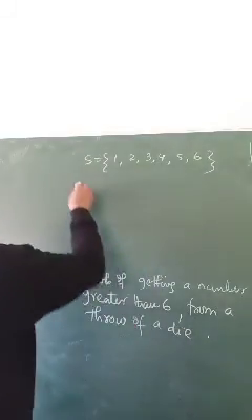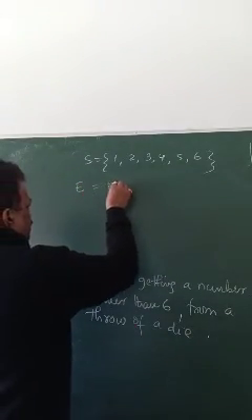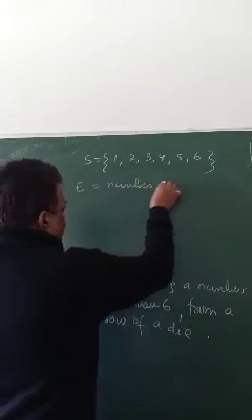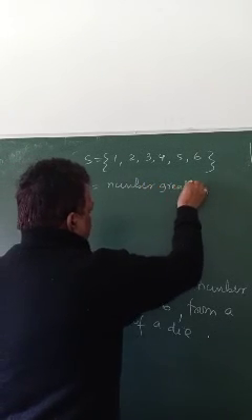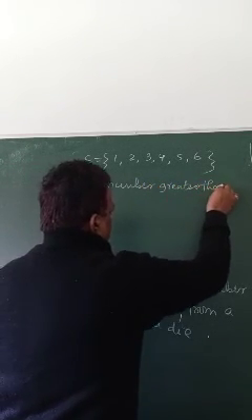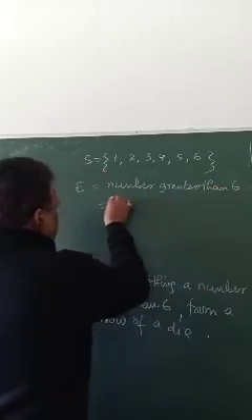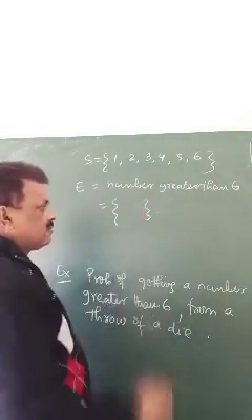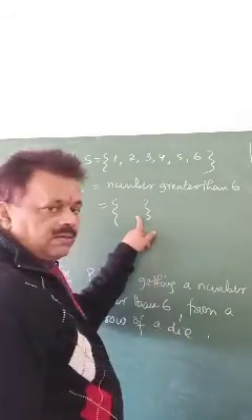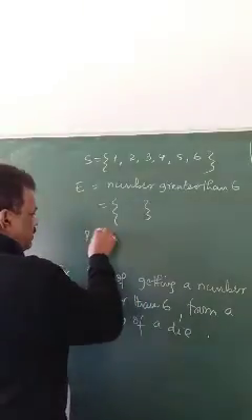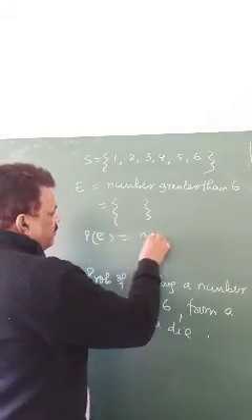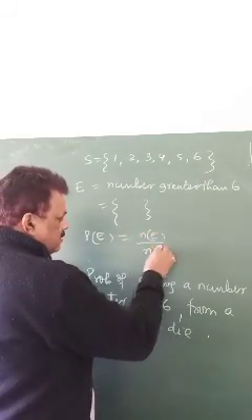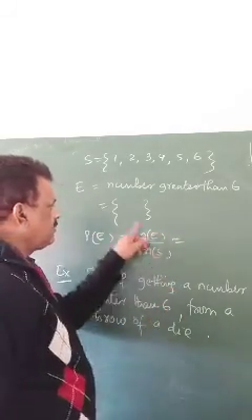E is the event of a number greater than 6. Which number is greater than 6? Nothing. So empty. Empty means no element. So probability of E is number of E by number of S. Number of E means how many elements here?